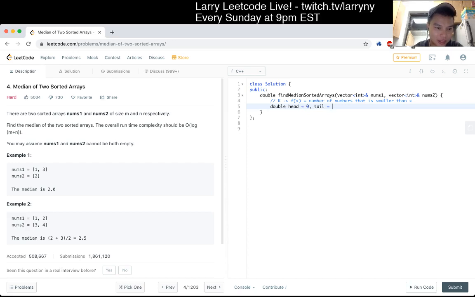I guess they don't tell you what the range is. Technically, it could be negative. I wouldn't put it past them to be negative. Yeah, okay.